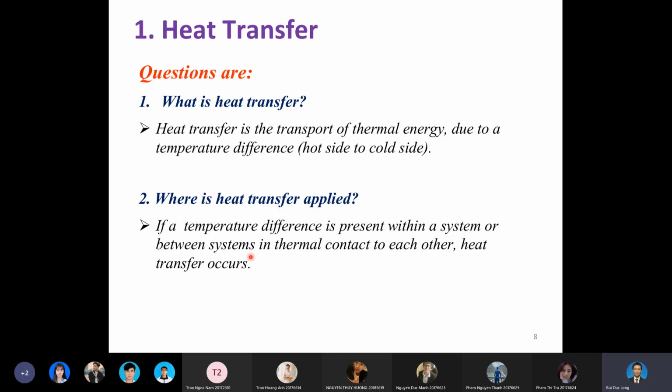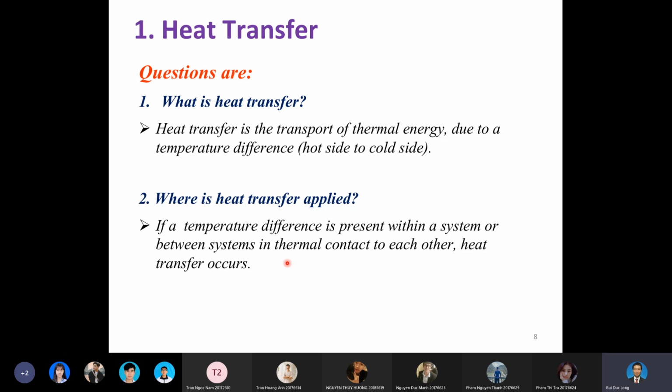Do you understand this? So please interact. Okay, because if you keep silent, I don't know whether you understand or not. So please respond to my question to make sure that you understand or you don't understand, so we can discuss.